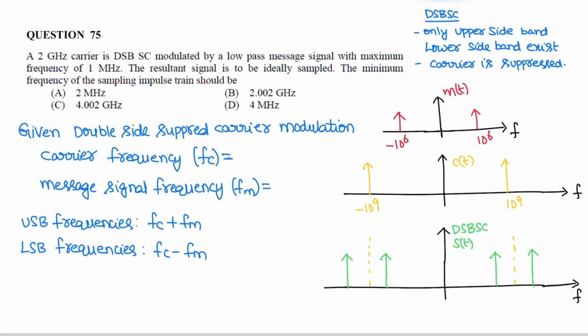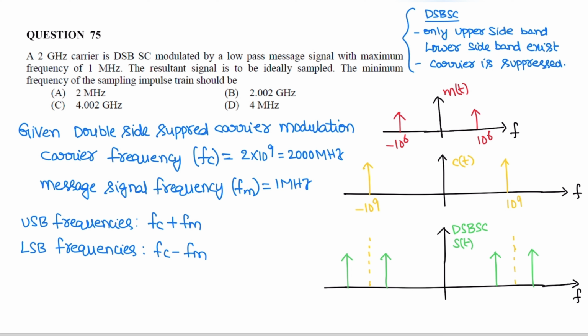75th question. A 2 gigahertz carrier in a DSB-SC modulator. The given modulation scheme is double sideband suppressed carrier. The carrier frequency is 2 gigahertz, that is 2 into 10 power 9, or 2000 megahertz, and the message signal frequency is 1 megahertz. A DSB-SC signal consists of two sidebands, upper sideband and lower sideband, and the carrier component is suppressed.